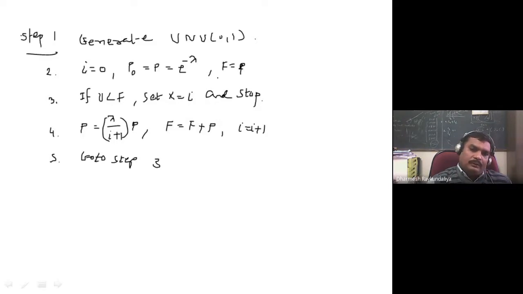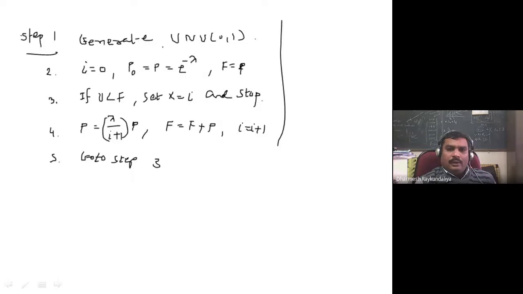Is that clear? Getting my point? Initially, you have just generated random numbers. When you take I equal to 0, you say that p0 is equal to p, which is e raised to minus lambda, and that p you assign as f.